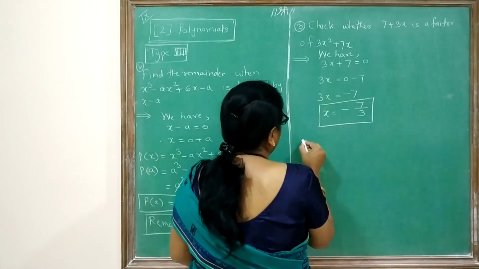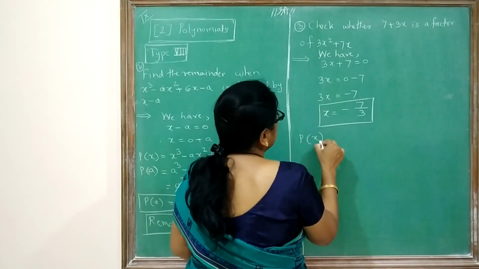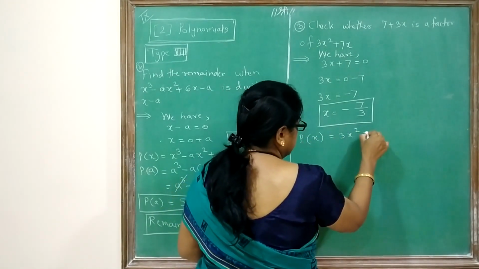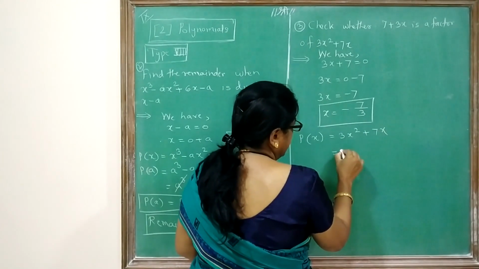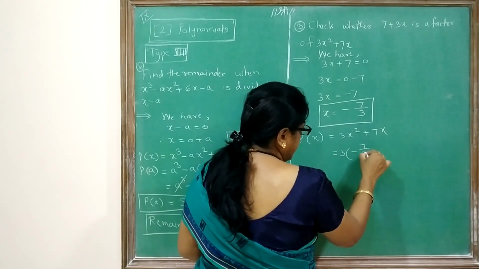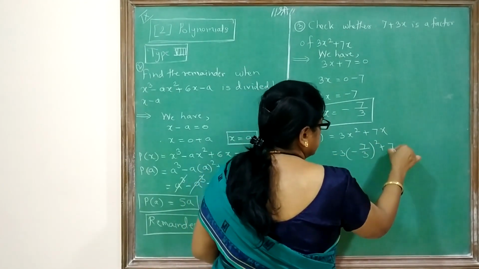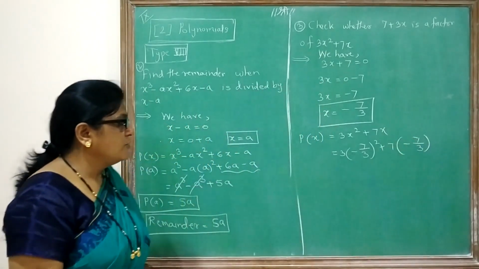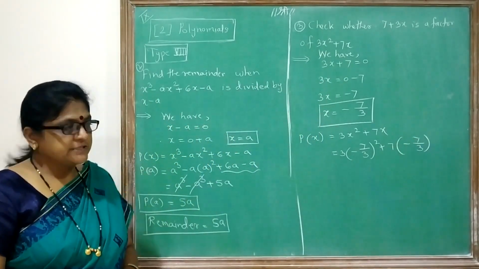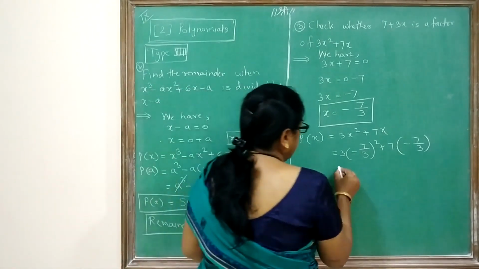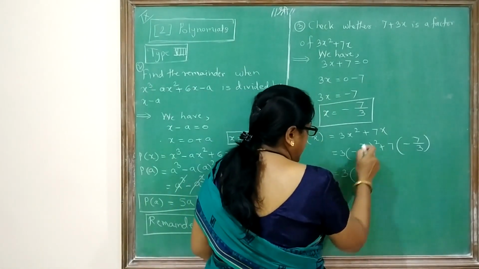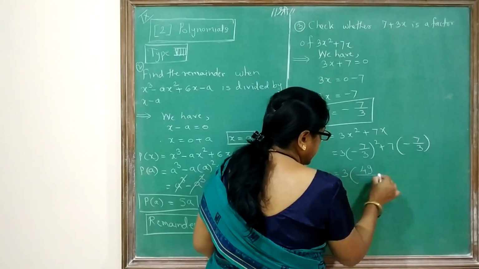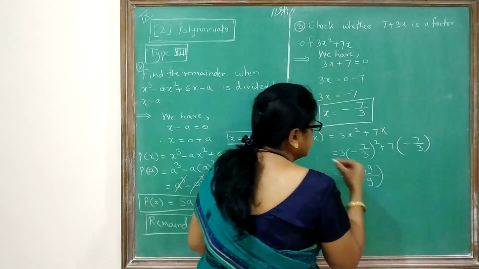And what is your p of x? p of x is 3x square plus 7x. Then 3 into minus 7 by 3 whole bracket square plus 7 into minus 7 by 3. You put in x place minus 7 by 3. Minus 7 square is 49 and 3 square is 9.